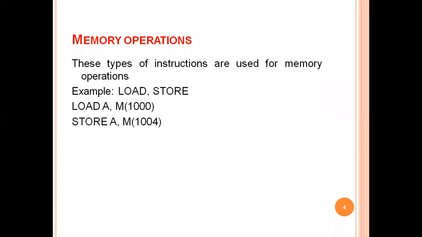Clear? Then comes the store operation. Store operation means just the reverse. Here the data which is in register A will be stored into the memory location whose address is 1004. Clear? And this 1004, remember, here I have written in decimal, but in most books you can find it written in hexadecimal code.